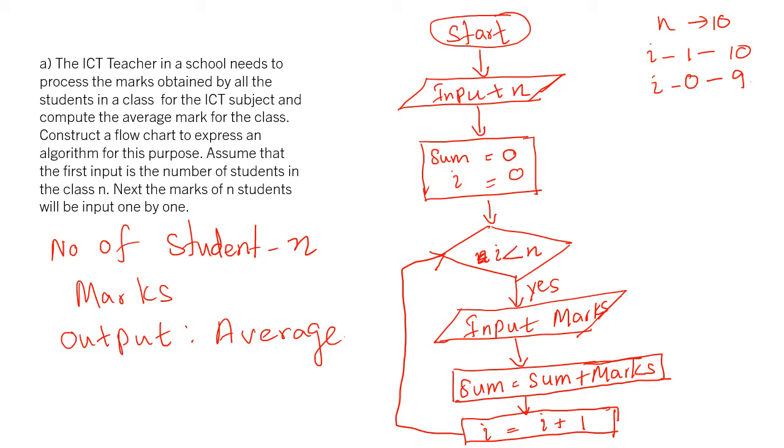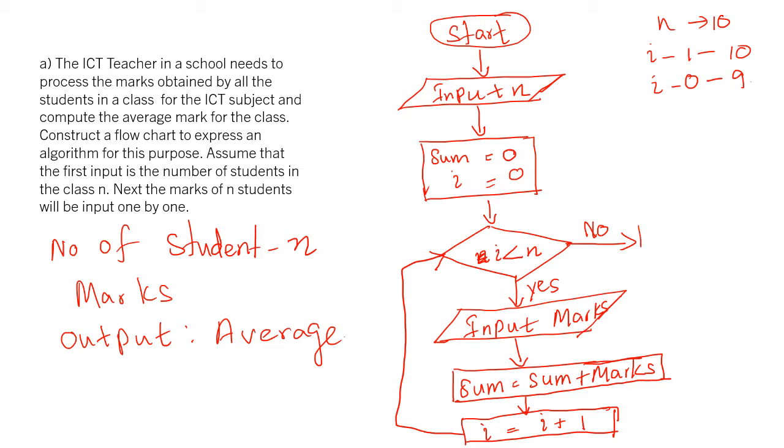When the I value increases more than n, let's say the n value is 10 and the I value is 11, then this condition is false. At that point, this condition becomes false, and you come out of the loop. As long as this condition is true, you are going through the loop. When it's no, you are coming out of the loop.